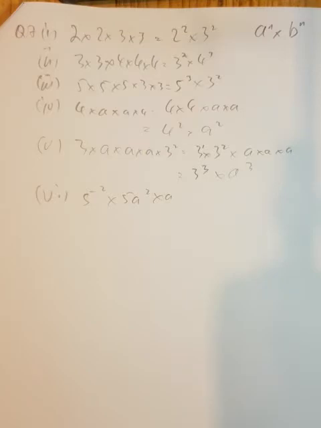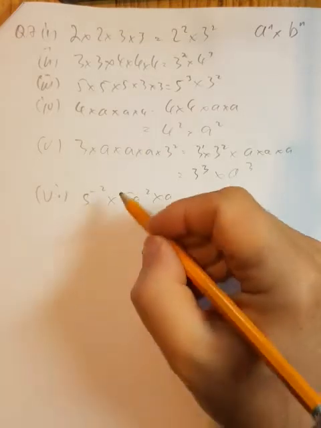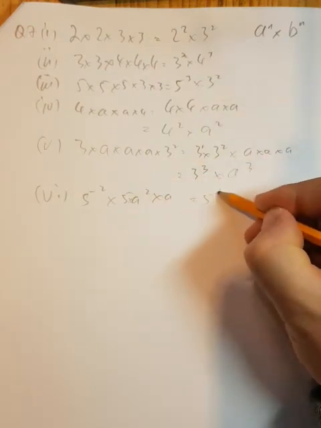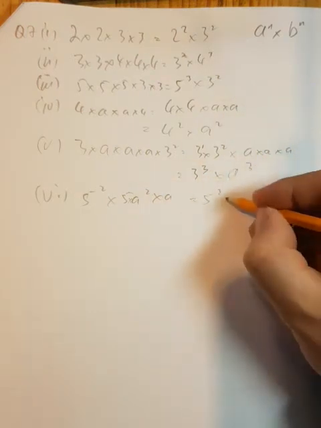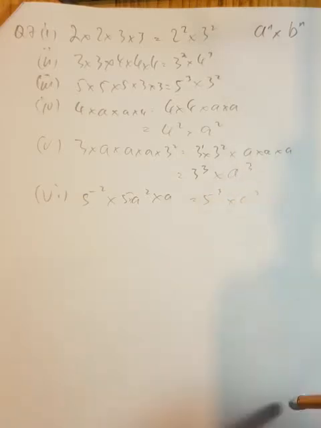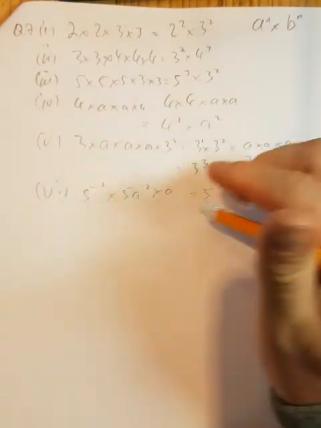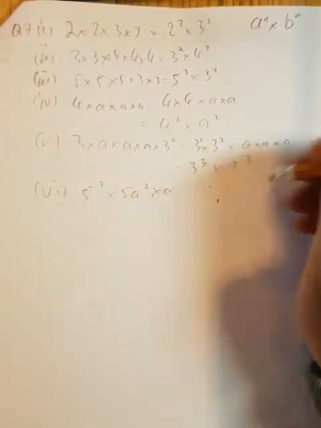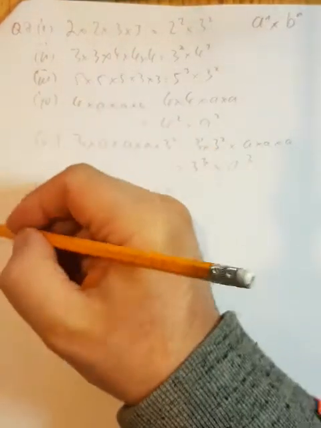And no, we can't. I think there's actually a typo in the book. I think there's supposed to be a multiplication symbol here. Because as far as I remember when I was looking through these yesterday, in the back of the book it was saying the answer was 5 cubed by a cubed. But that's not right. Because this term here, 5a squared, is different to the other three. So we can't actually solve this. This cannot be simplified further at all. And this was probably a mistake in the book.